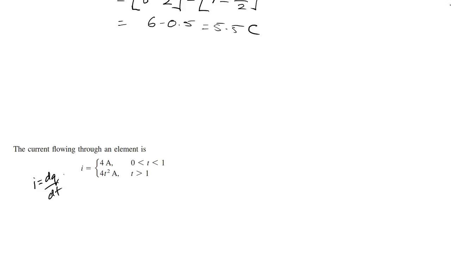We know that we're given I here, so we have to integrate both of these. Since we're also given the conditions here, the first one is from 0 to 1, and the second is 4t squared from 1 to 2. So we get the integral of 4 dt plus the integral of 4t squared dt.